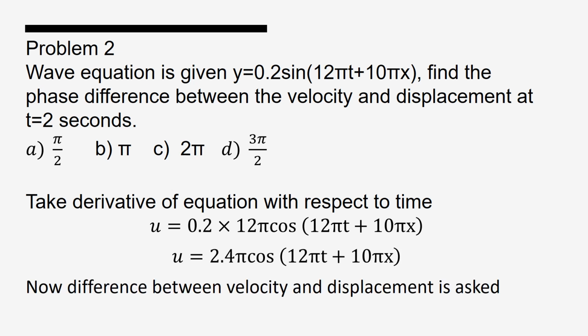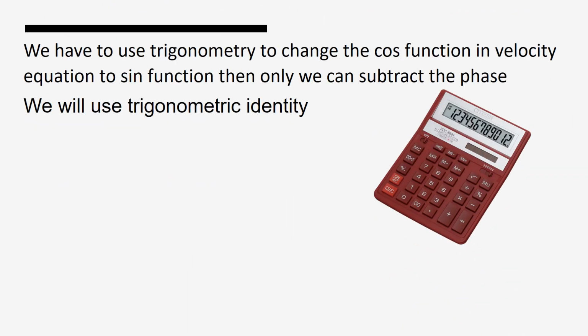We have to use trigonometry to change the cos function in the velocity equation to a sine function, since both have different trigonometric functions. Then only we can subtract the phase. We will use the trigonometric identity sin(θ + 3π/2) = cos θ.